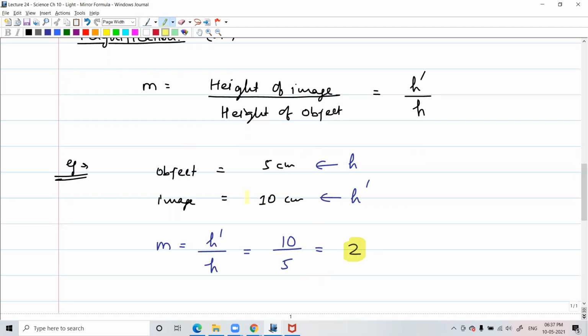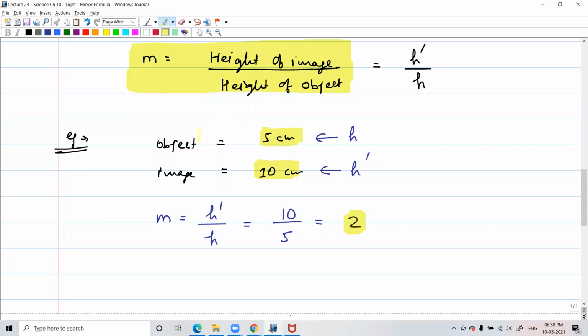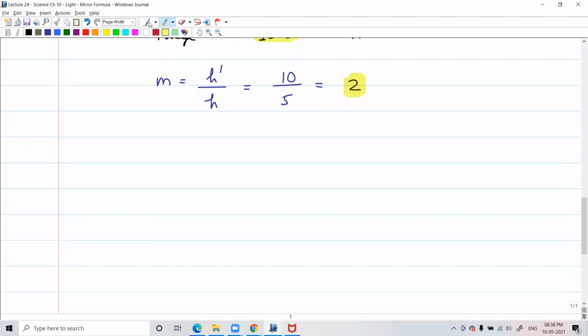Now try to make sense of what this number 2 really means. This 2 means the image is 2 times the object. You can try to understand this from the formula also. Magnification is telling you how big or how small your image is. Let me rewrite the magnification formula. I have written m is equal to image height by object height.